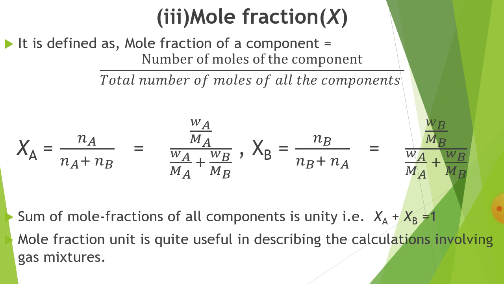You can also find the mole fraction of the other by knowing the mole fraction of one component: XA equals 1 minus XB, or XB equals 1 minus XA. The mole fraction unit is quite useful in describing calculations involving gas mixtures. So this formula you have to learn properly to solve questions related to mole fraction.